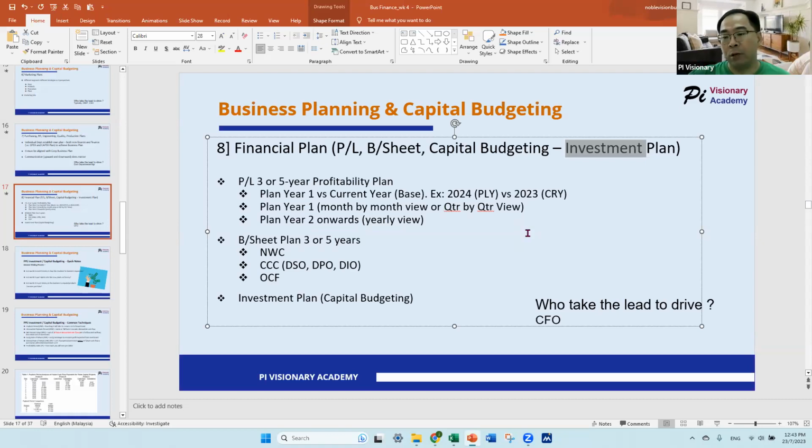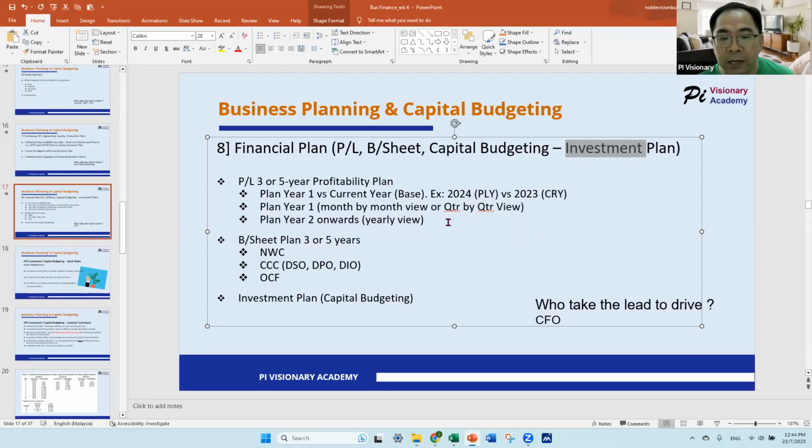You want to increase the production output per hour. But that requires money. It's not 15 ringgit. It's not 50 ringgit. Maybe 50 million.